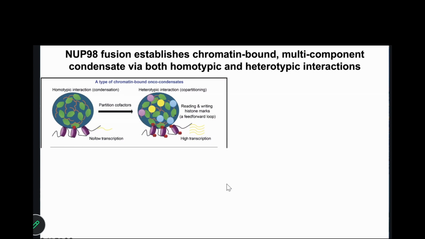The collective action of all these factors, including MLL, histone acetyltransferases, and potentially the SWI/SNF complex, can drive high expression of the target genes, a lot of which I just mentioned, for example, the Hox genes.